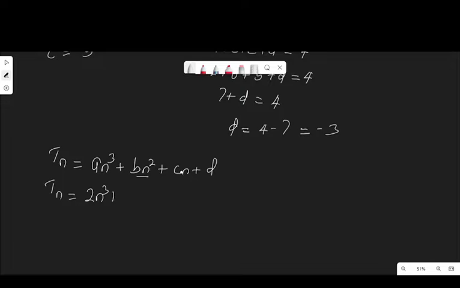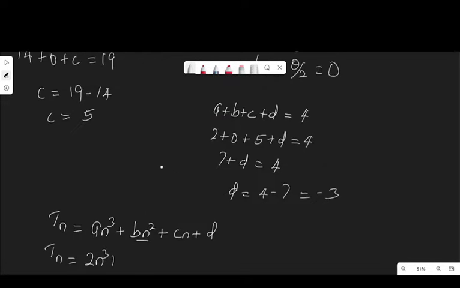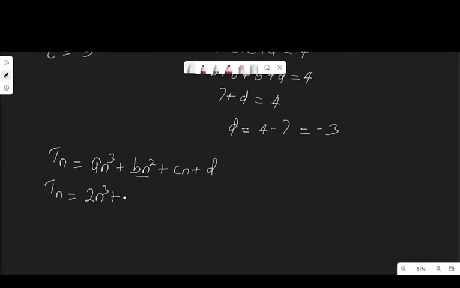And we'll move to the next one, which is c. c is 5, so plus 5n. And d is minus 3. So minus 3 is the nth term of this sequence.